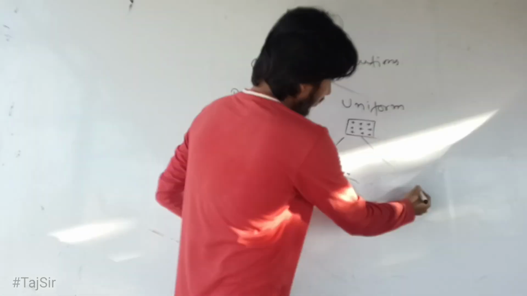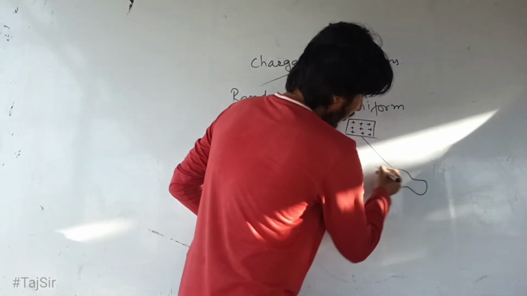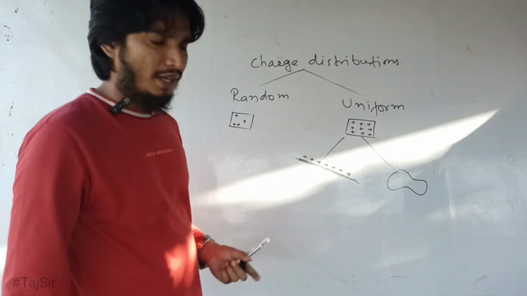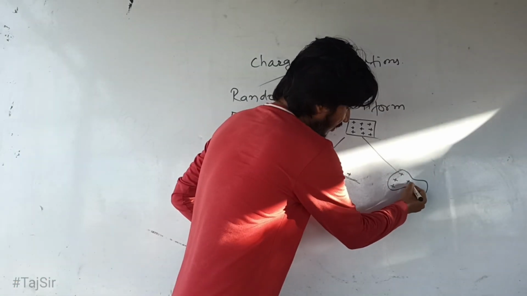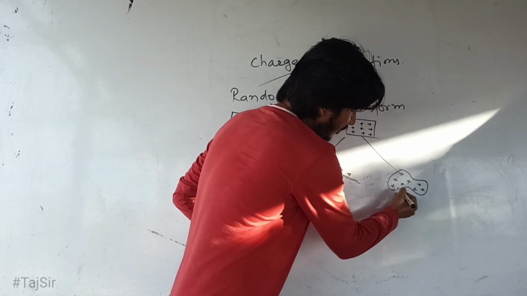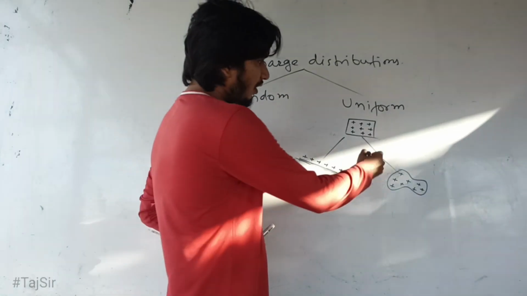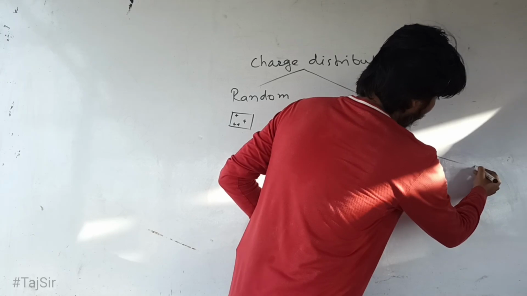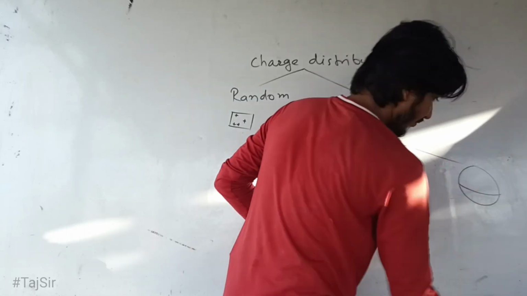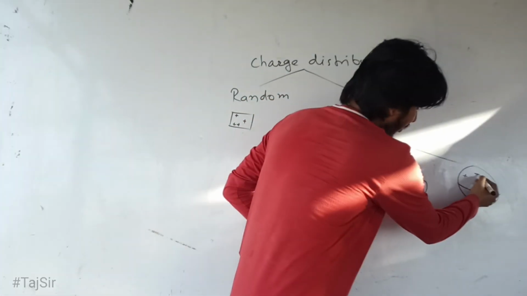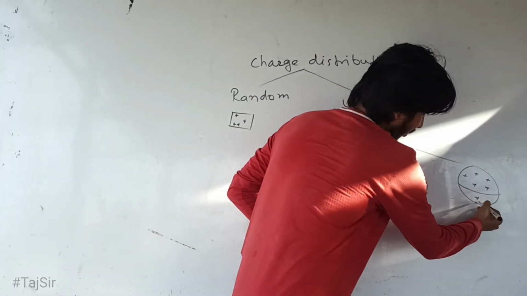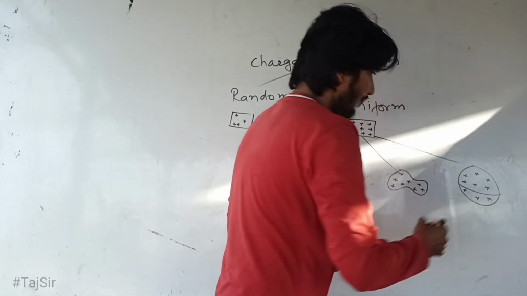Second is surface charge distribution. In a given surface there is uniformly distributed charge. And another is volume charge distribution. Suppose this is a sphere, and on this sphere there are charges distributed uniformly throughout the volume.